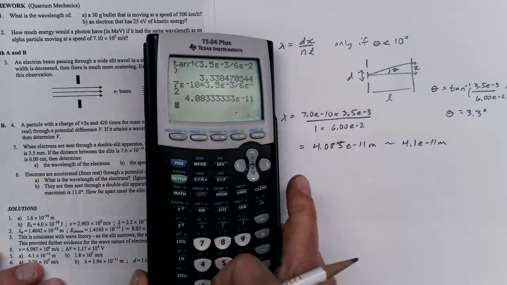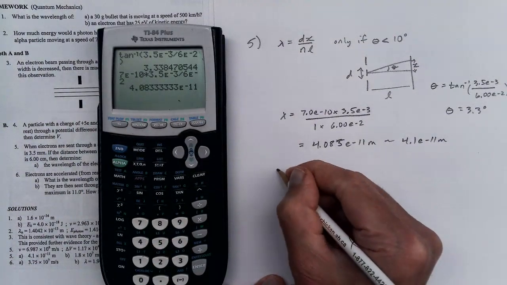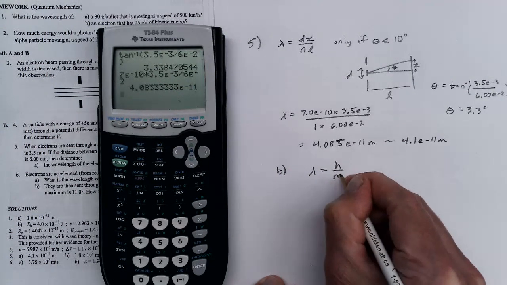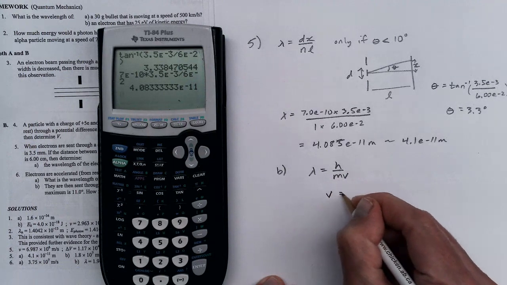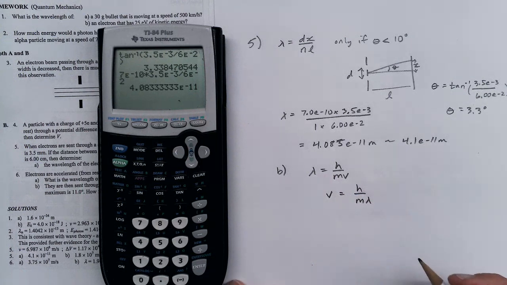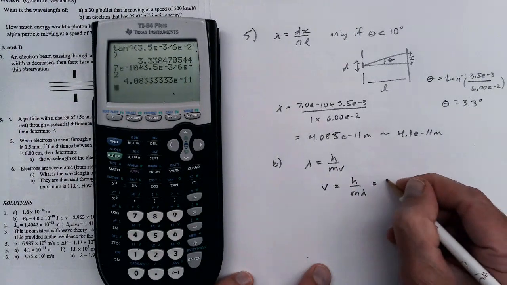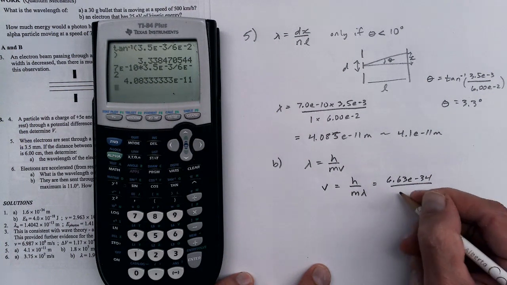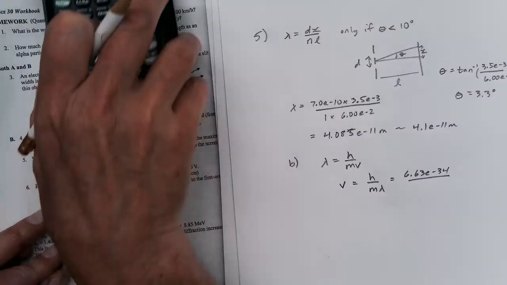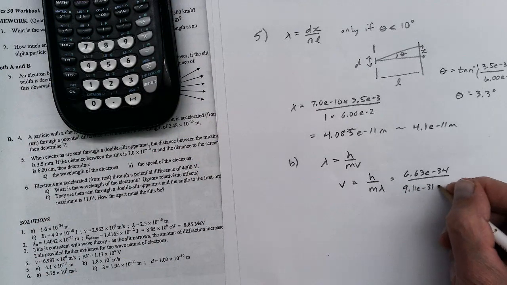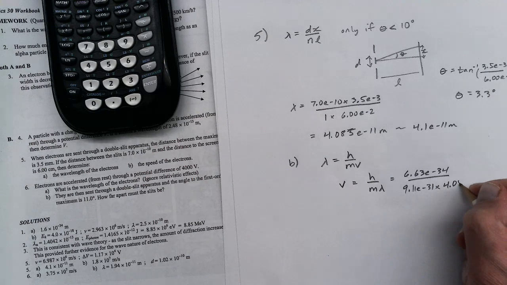And then if we want to know the speed of the electrons, for part B, now since lambda is h over mv, what we can do is just solve it for v. Little Thomson switcheroo with the lambda and the v. Remember that? 6.63 E negative 34 over the mass, it's an electron, and the wavelength, 4.083 E negative 11.